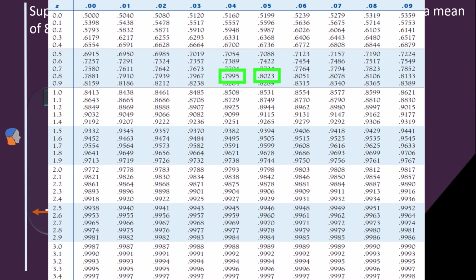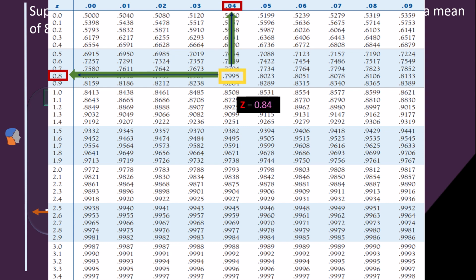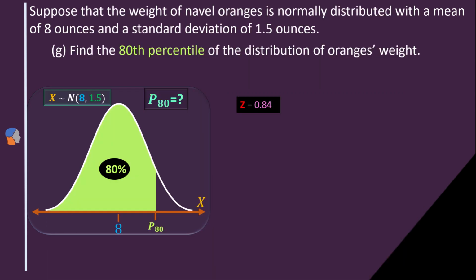We know we cannot find the exact value, but 0.800 must be in between these two numbers. Then we need to check which one is the closest one. That is the 0.7995, and find the corresponding z value to this number. That is 0.84. Therefore, we have the z value from the table for the P80.